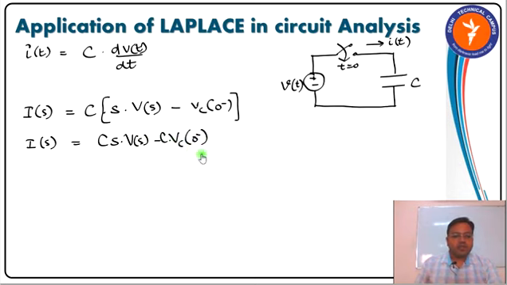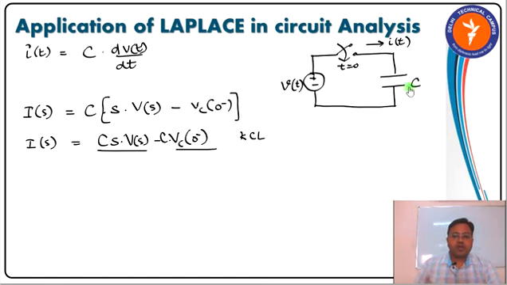Now let us see this equation. This equation says that the current is equal to this part. So if it is a current, then on the other side this must also be a current. This portion is a current, this portion is also a current. So this is a KCL equation.